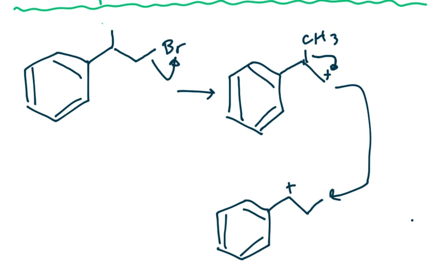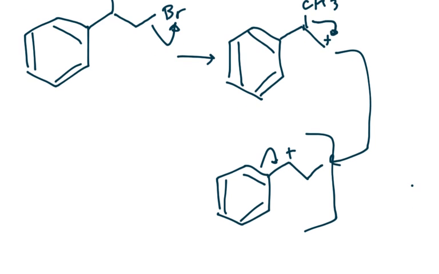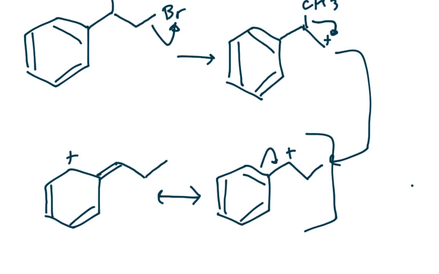And this has a whole bunch of resonance structures. So I can, for example, move these electrons here, and I can get this. Or I can move, what'd I do?